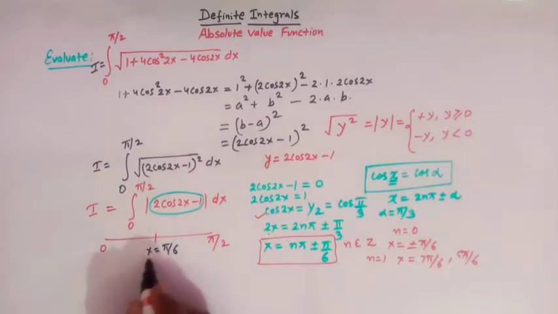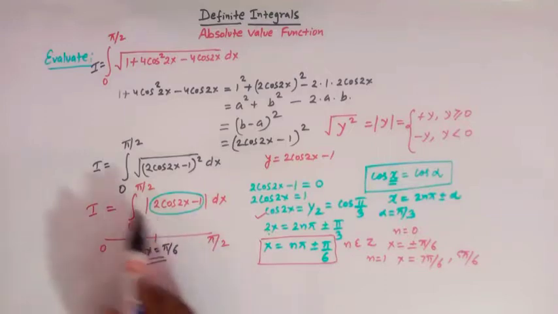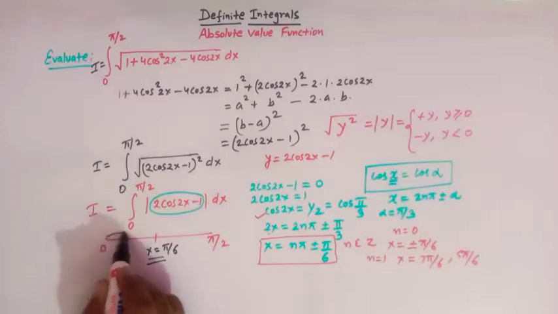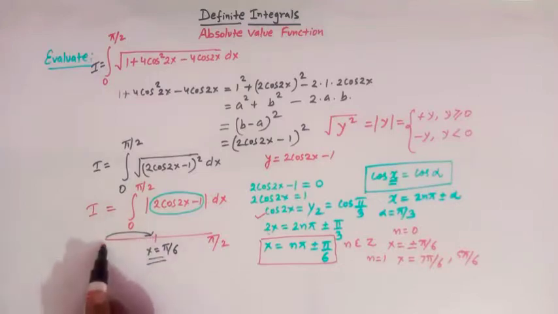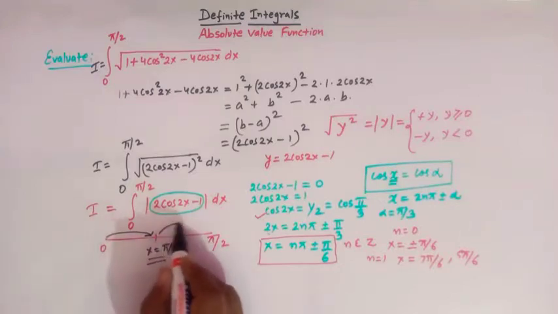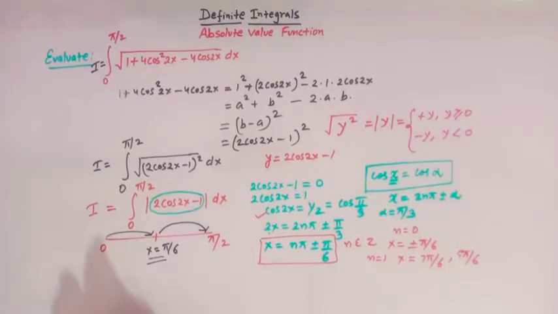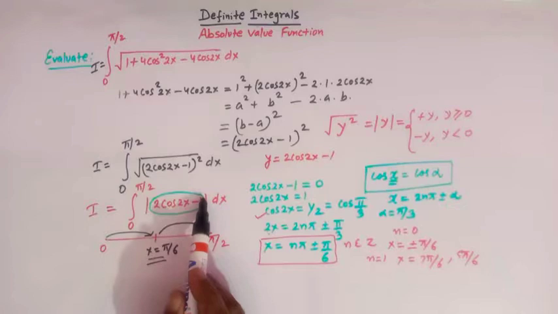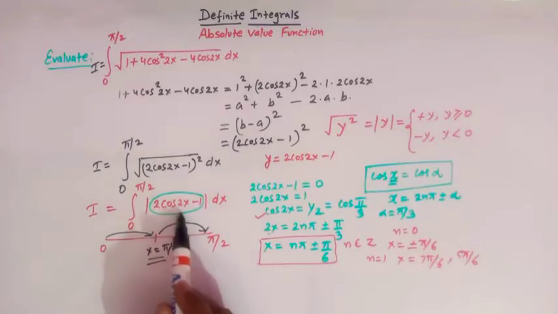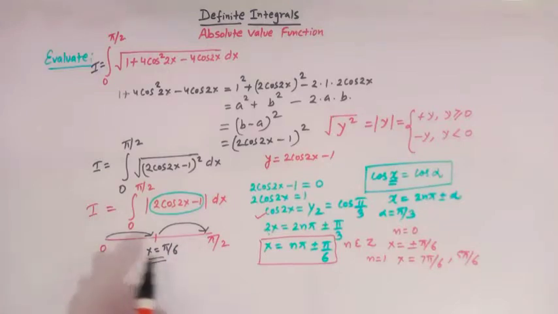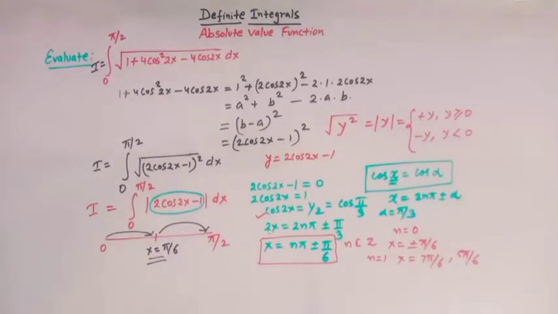So x equal to pi by 6 is the point where we will break the limit, and we'll have two integrals: one from 0 to pi by 6, and the other from pi by 6 to pi by 2, because here we have the absolute value of 2 cos 2x minus 1. So we'll split this I as a sum of two integrals.